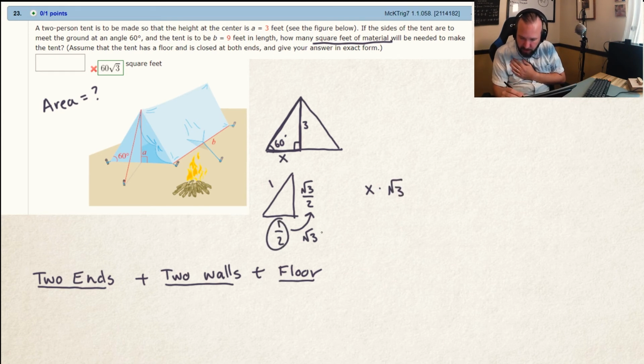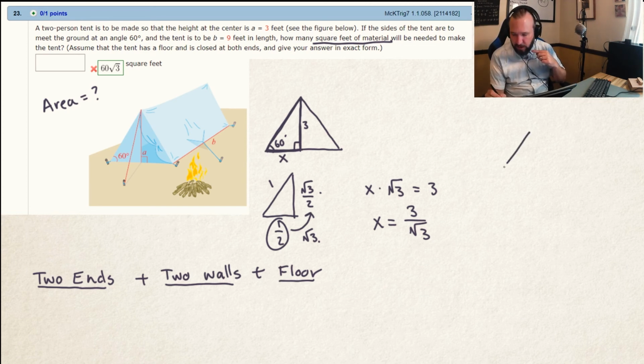You take the short side, you multiply by the square root of 3, you get the long side. Well, the long leg. So I'm just using our knowledge of special triangles to figure out the lengths of these sides. So this means x must be 3 over the square root of 3. Okay, so that's just this one piece right here.